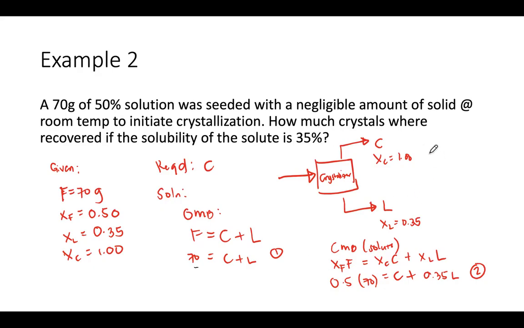So using your calculator, you can determine your C. The flow rate of your crystals is 16.15 grams, and your mother liquor is 53.85 grams.